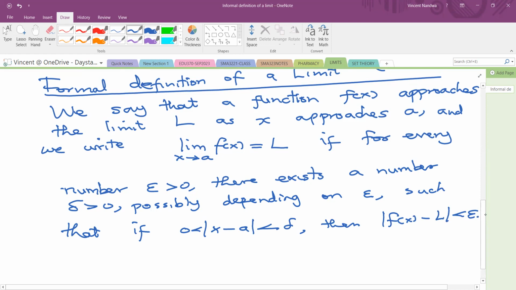Or we can say the absolute value of f of x minus L is less than epsilon whenever the absolute value of x minus a is less than delta.